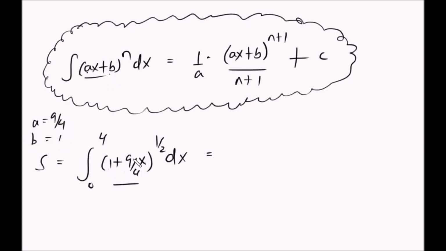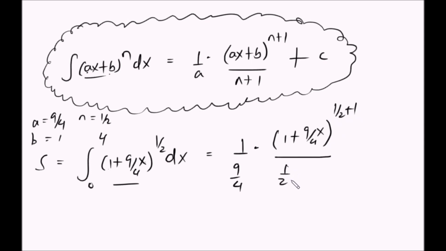You can see this is a linear function. n is half. So this will be 1 over a, that is 1 over 9 over 4, times 1 plus 9 over 4x power 1 over 2 plus 1, over 1 over 2 plus 1. We don't put plus c because this is a definite integral.